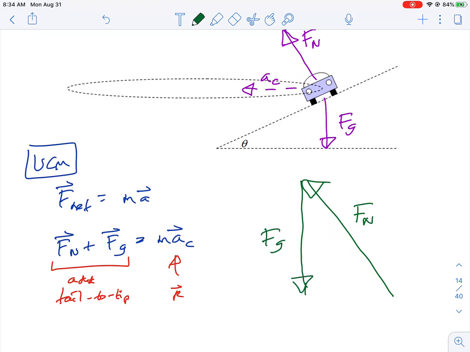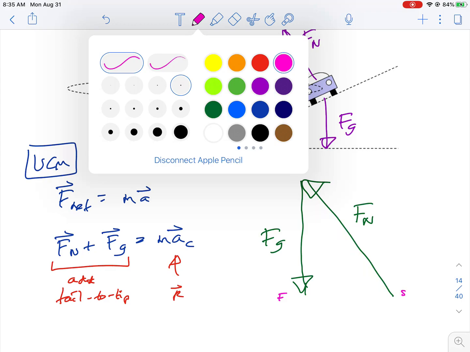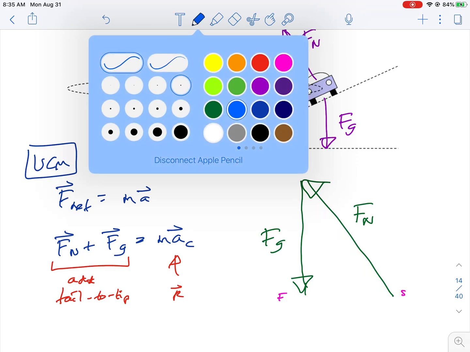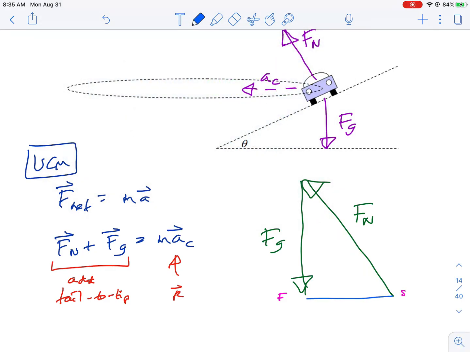Now that's adding tail to tip. Now the resultant is mac, and you can see that ac is going towards the left. And this is your start to finish vector. So from where you started to where you finished, it has to go directly to the left. So therefore, there's our resultant, and the resultant would be mac.